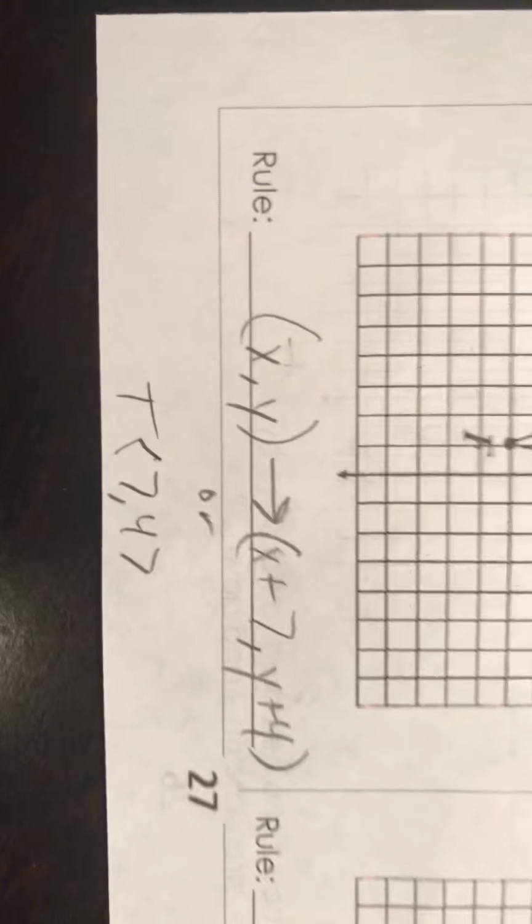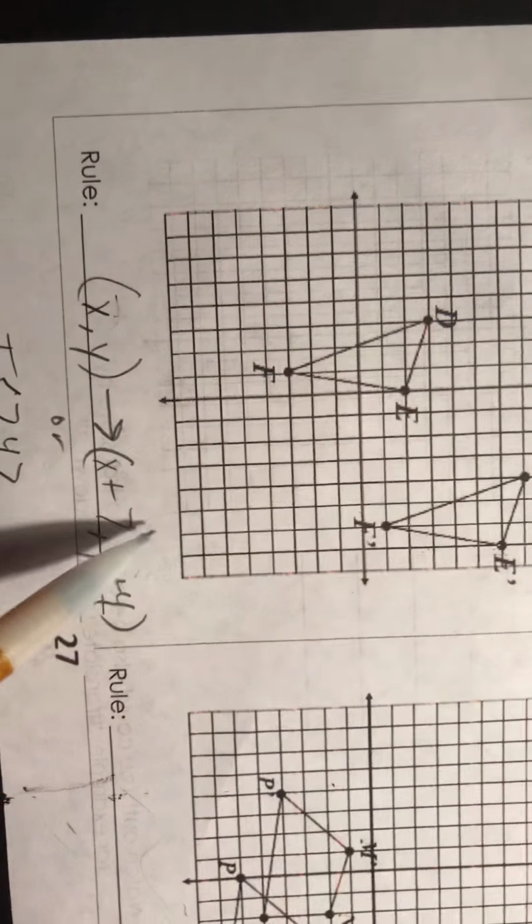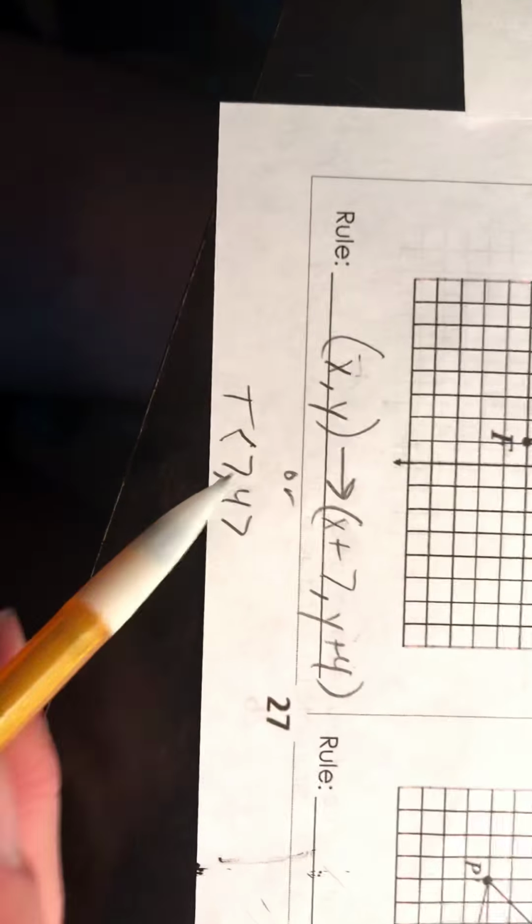Or we can write it like this, T 7, 4. Okay, so let's go just like that. This went 7, 4. Okay, and then this one, it doesn't matter which way you write it. I'd write it that way because it's less writing. It's totally up to you.